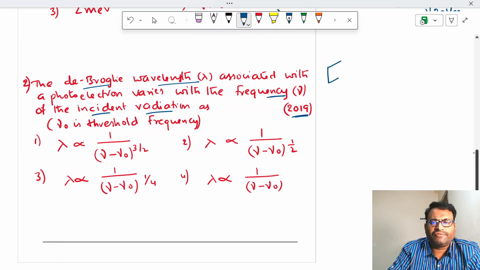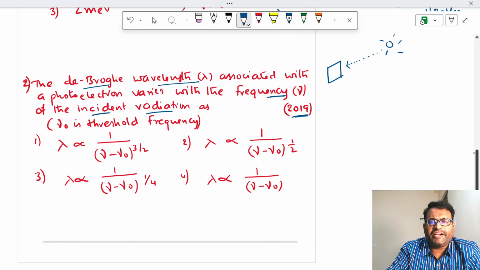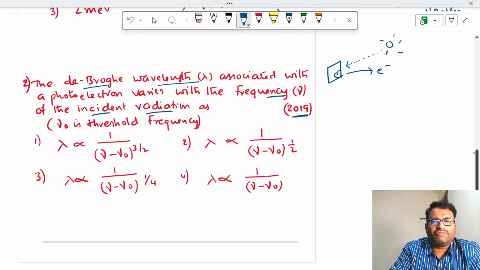So this is a photoelectric metal on which light energy is falling. When light strikes this metal, electrons get ejected out. Here in this question, what is being asked?